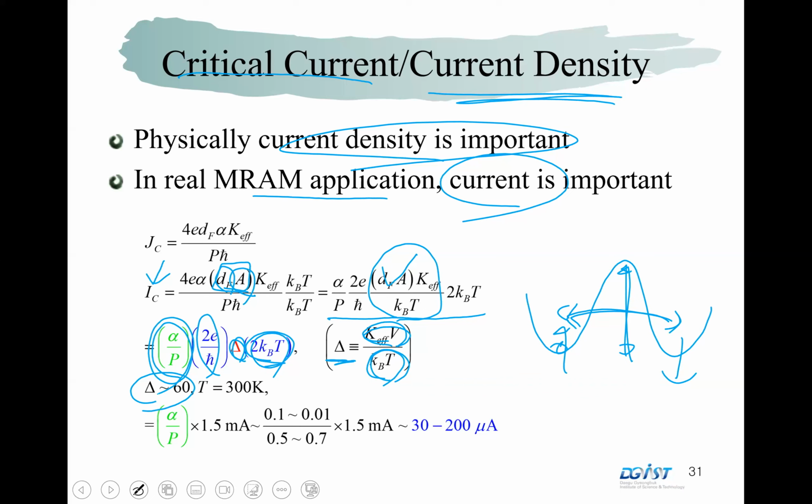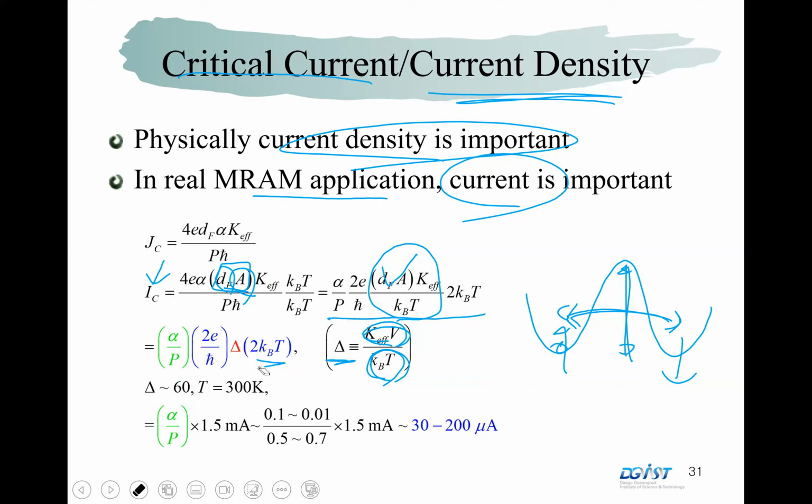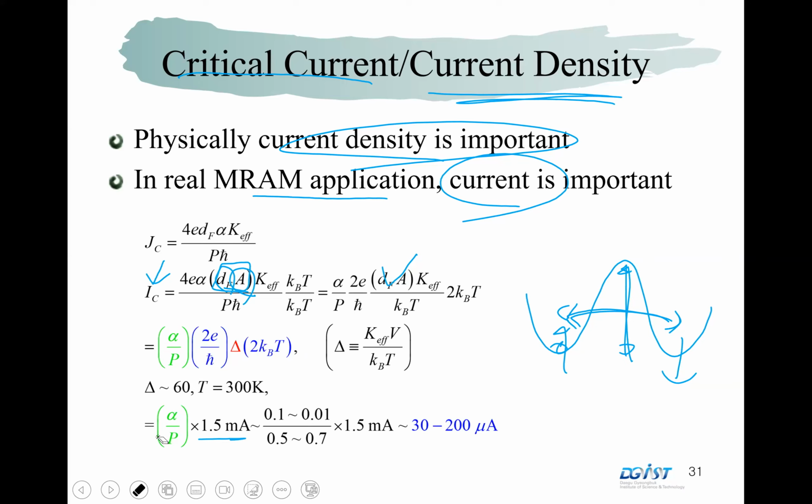Here, alpha is the damping constant of the ferromagnetic layer, and P is the spin polarization of the ferromagnetic material. If we set this one, we can easily calculate this value, because this is a physical constant, this is the required 60, and we put in 300 Kelvin. The unit is ampere.